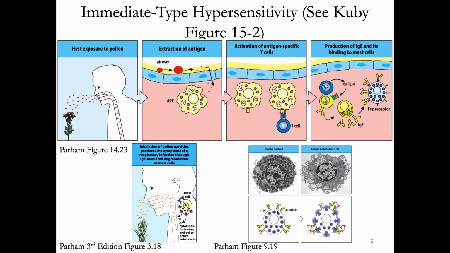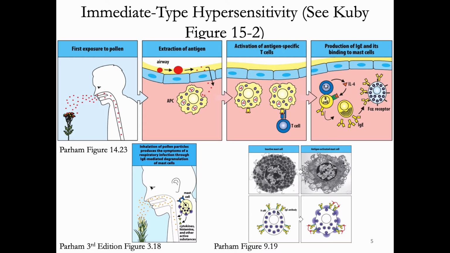Before you can have that mast cell response, you first need to have a primary response to your antigen that induces class switch to make IgE antibodies. And so you generally do not see one of these types of responses the first time you encounter this antigen.